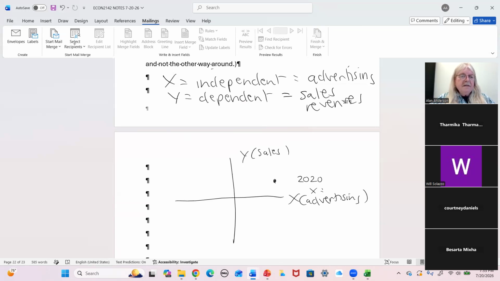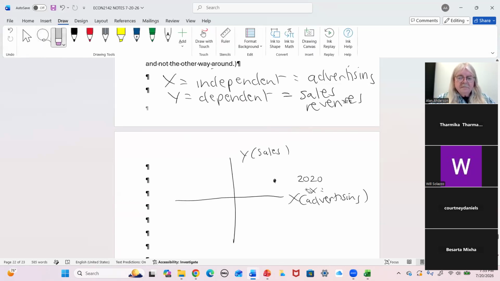And let's say at that point, 20, 35, meaning that that year they spent $20 million in advertising and their sales were 35 million.